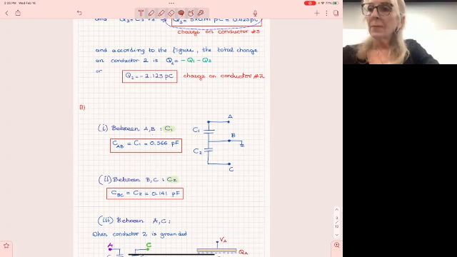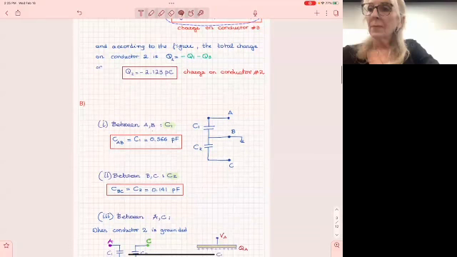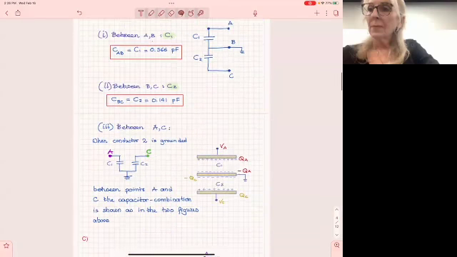Now, what is the capacitance in between A and B? The capacitance on the first one, C1. What is the capacitance between B and C? The capacitance in the second piece, all right? And then what is the capacitance between A and C?